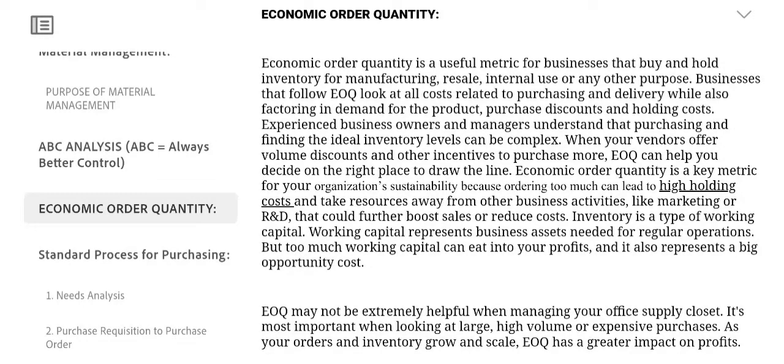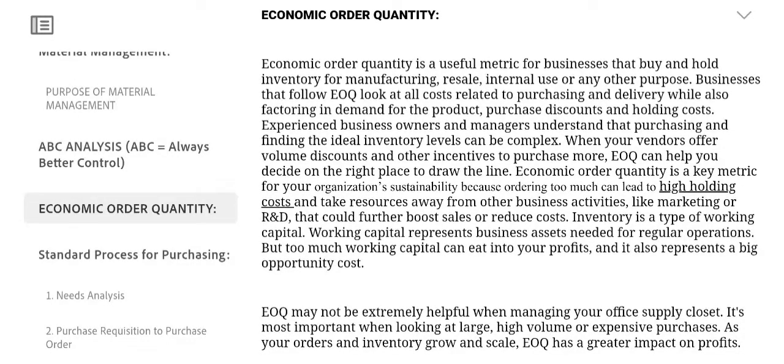Businesses that follow EOQ look at all costs related to purchasing and delivering while also factoring in demand for the product, purchase discount and holding cost. Means in this economic order quantity, the customer is holding all those things to get the purchase discount, also to get a good selling price, and also considering the holding cost that they have.